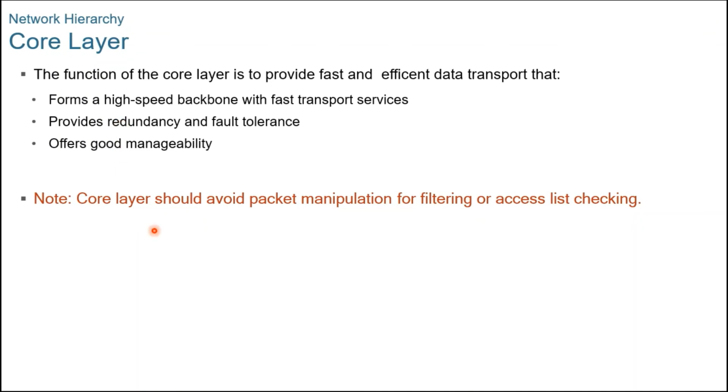The core layer should not perform any packet manipulation, such as checking access lists or filtering, which would slow down the switching of packets. The core layer must be manageable. The core devices must be able to implement scalable protocols and technologies and provide alternative paths and load balancing.